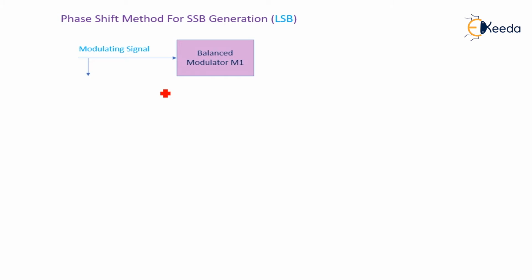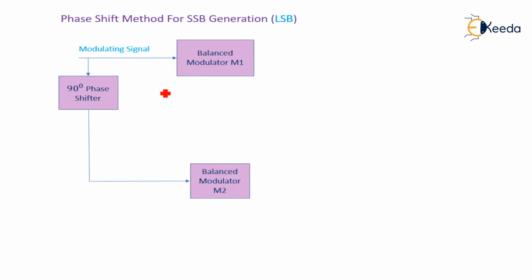Here the modulating signal is coupled to the balance modulator 1, and the modulating signal is 90-degree phase shifted with the help of a 90-degree phase shifter and coupled to the balance modulator 2. The 90-degree phase shifter is coupled in between these two balance modulators, where one carrier signal is coupled to the balance modulator 2.